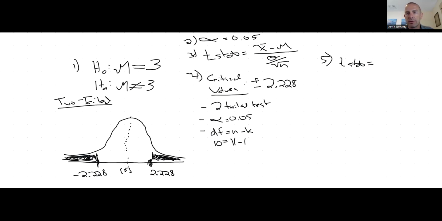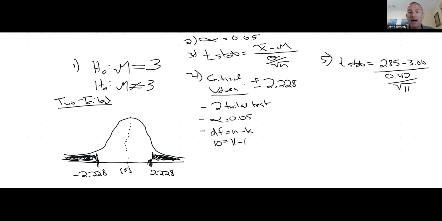So we have 2.85 for X bar minus 3.00 divided by 0.42 over the square root of n, right? Square root of n is 11. Okay, so where am I getting this from? I'm getting it from the problem, right?